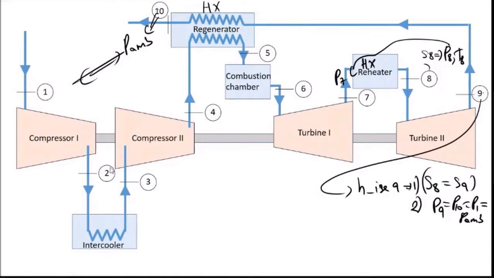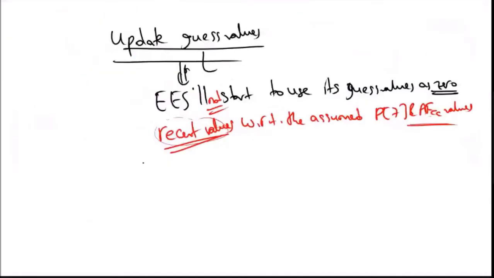So that equation will be this. The cycle has two turbines. The first turbine is called the gasifier turbine, this one, and this one is the power turbine. So the power turbine gives power, but the gasifier turbine runs compressors 1 and 2. Therefore, write it here, the power of turbine 1 is the power of compressor 1 plus the power of compressor 2. Let's write it.